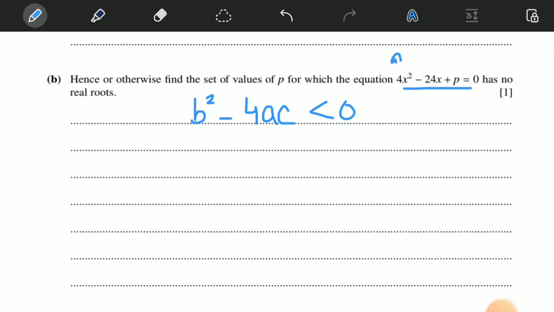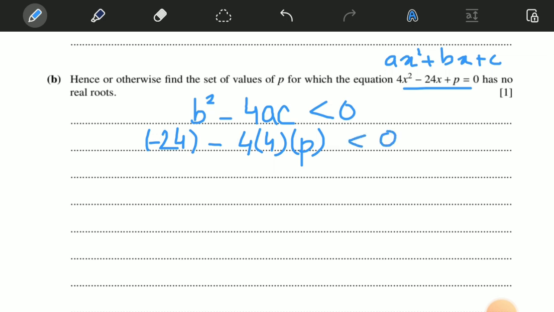This is the form ax² + bx + c. Okay, so a is 4, c is p, and b over here is -24.